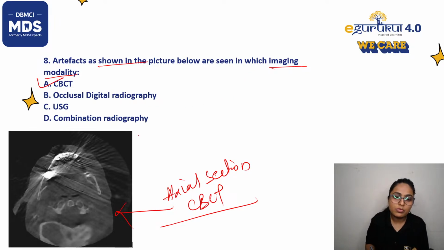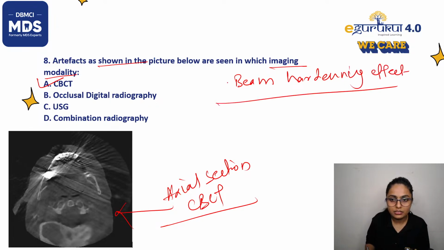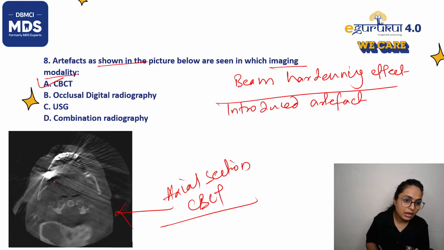And which artifact is there? It is beam hardening effect. And this is basically an introduced artifact. It happens due to metal crowns in the patient.